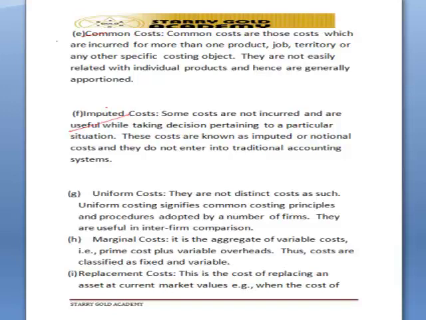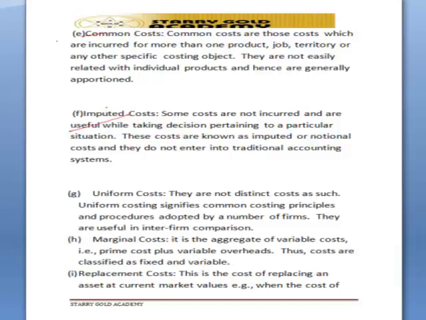For example, interest on internally generated funds, like your retained profits, the salary of the owners of the business, like a proprietor or partners, and notional rent, where the owner uses his own personal house to run the business. All those things are what we call imputed costs.